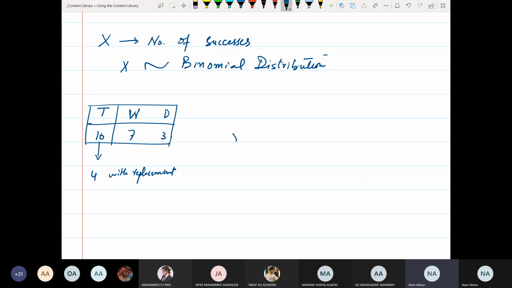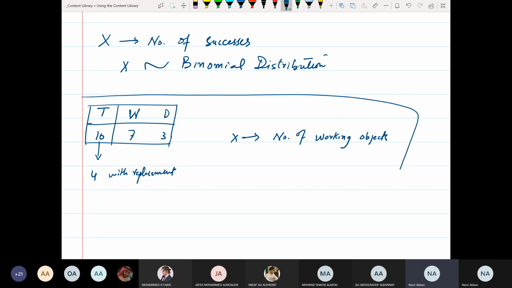And you define X as the number of, let's say, working objects. Now, in this whole experiment, this is the experiment and the definition of random variable. The experiment is you have a box of 10 items, 7 are working, 3 are defective, you pick 4 with replacement. That is the experiment.